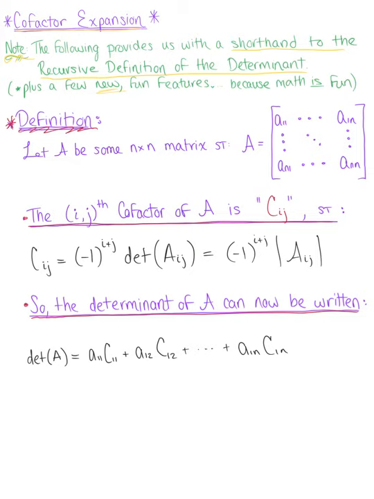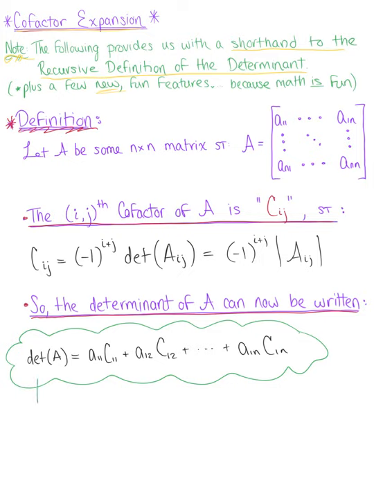And so we want to make a love note here to ourselves before we proceed that this is simply the cofactor expansion across the first row of A, just like we were doing with the recursive definition. So we have the cofactor expansion across row 1, or the first row of matrix A, which is equivalent to the recursive definition.